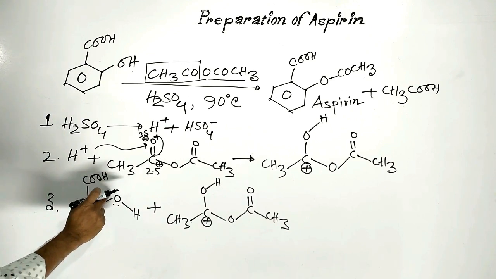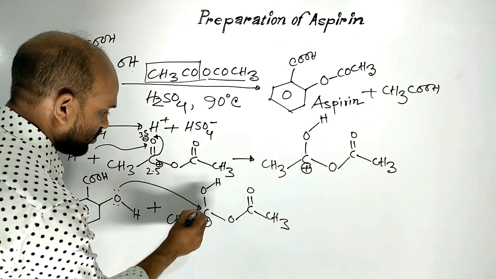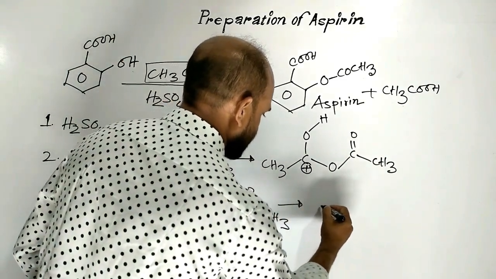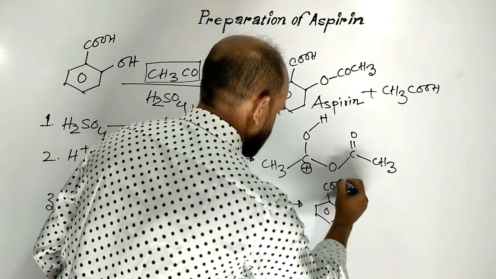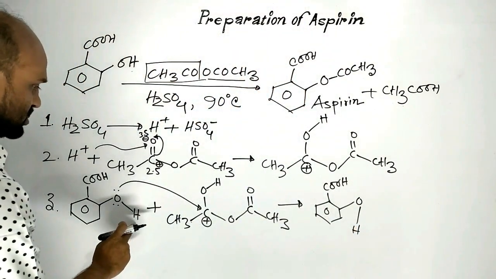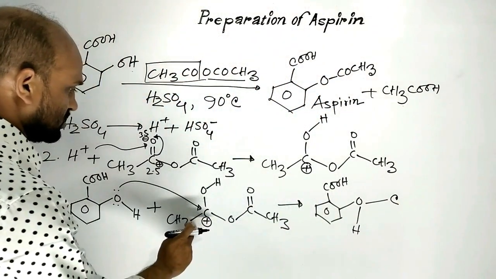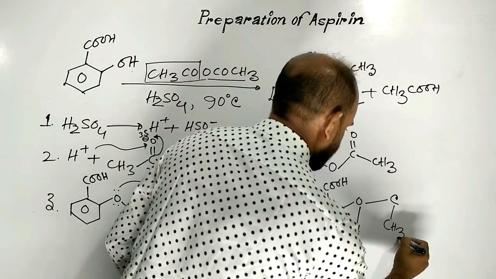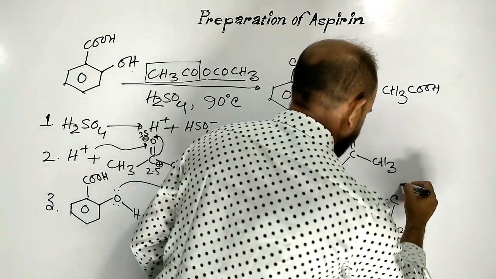Oxygen with this electron pair forms a coordinate covalent bond to this carbon, and this is obtained. Oxygen, this hydrogen, then this carbon, with this carbon methyl group, and with this carbon OH group.